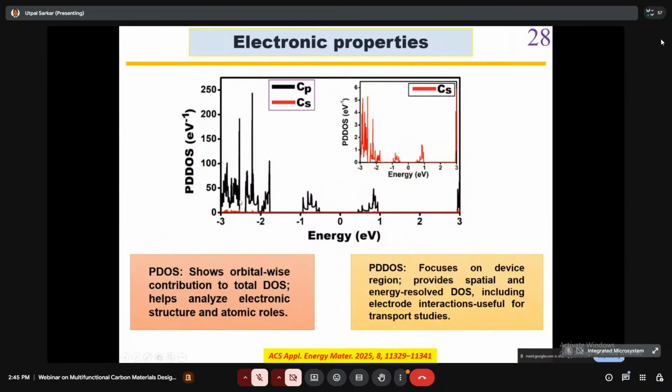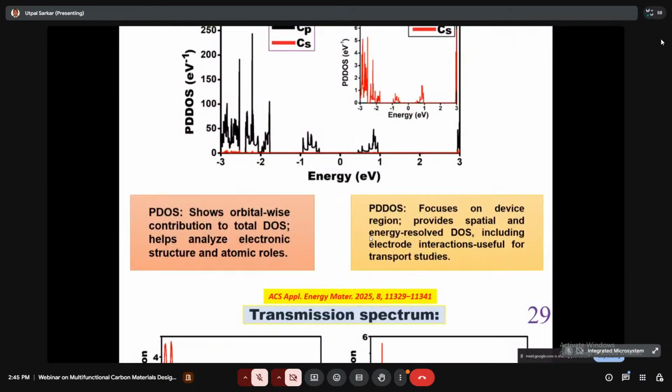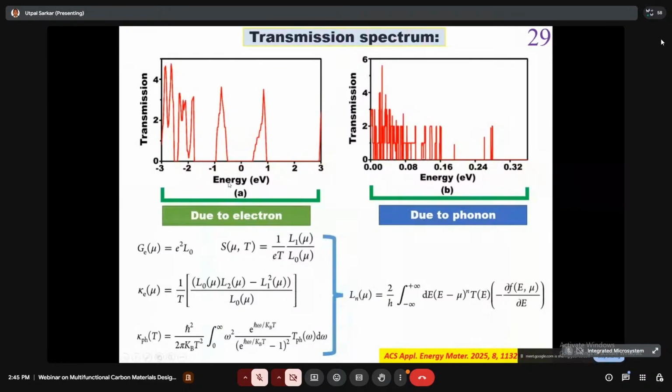This is the partial density of states of the device, and here you see again the contribution of the carbon p orbitals, which is mainly contributing in the device also. Now, transmission spectra.